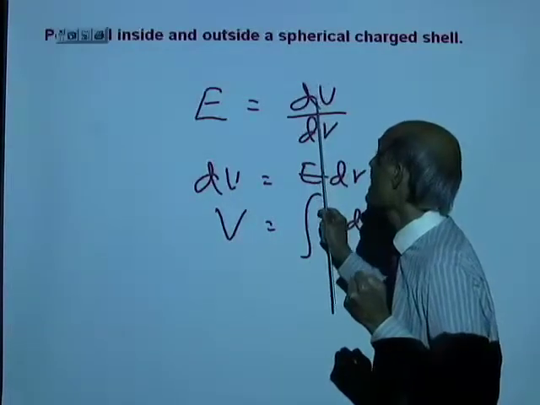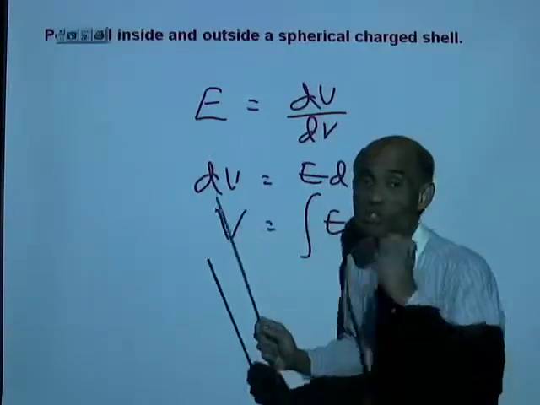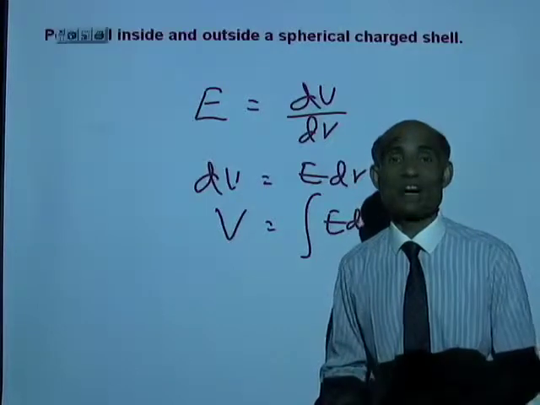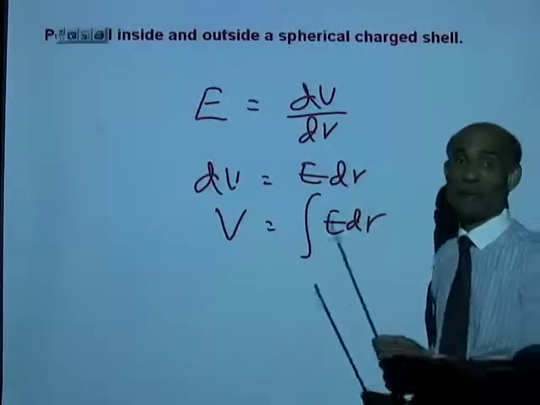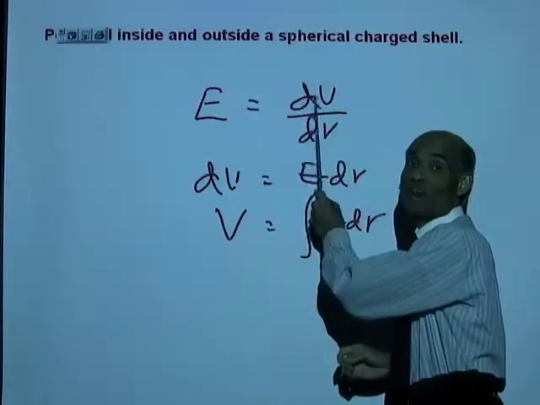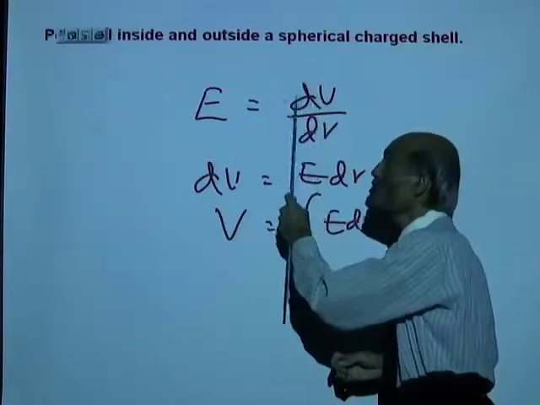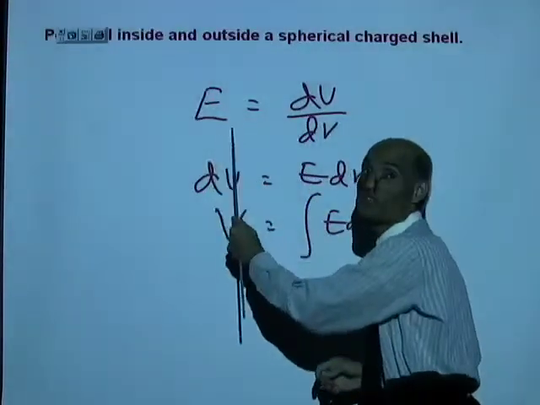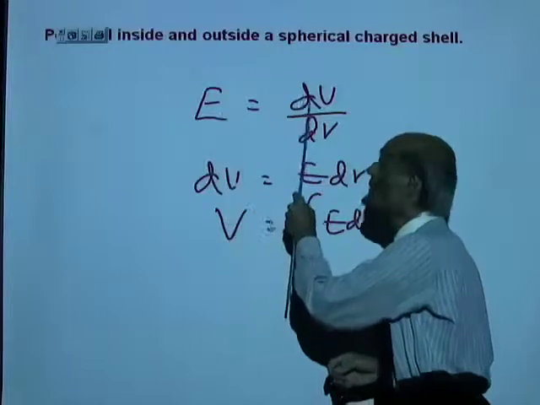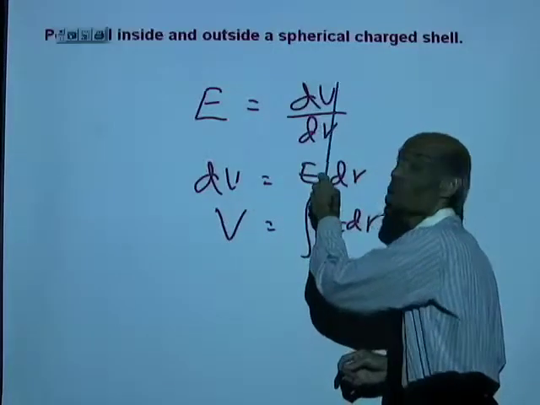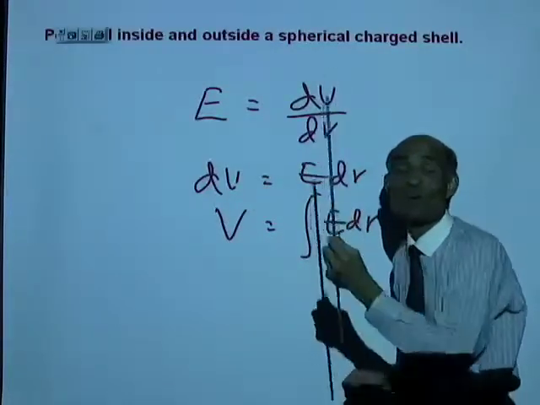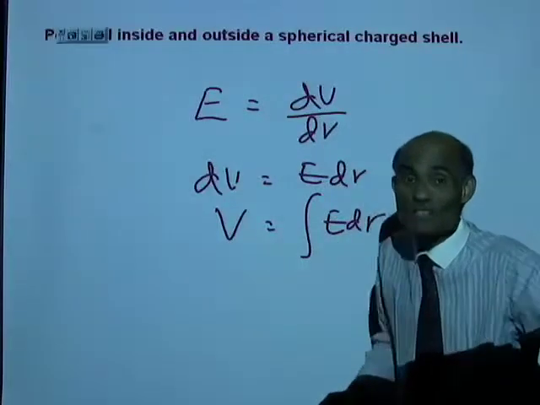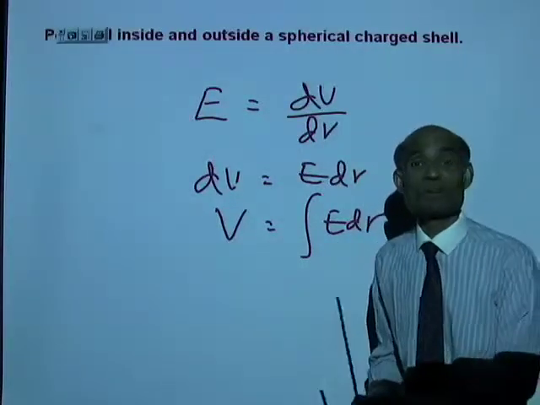Therefore, what can you say about the electric potential inside the charged shell? Well, the derivative of what kind of a quantity will give you 0? If this E has to be 0, then this V has to be a constant, because only the derivative of a constant becomes 0.